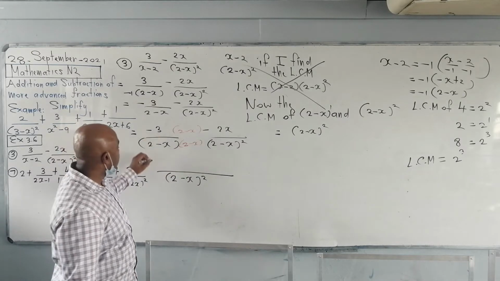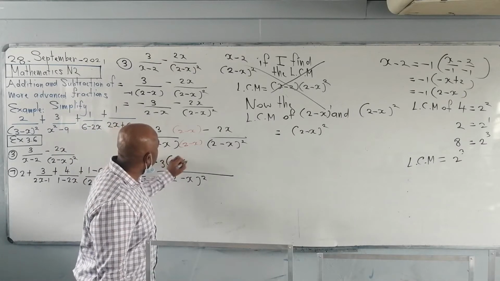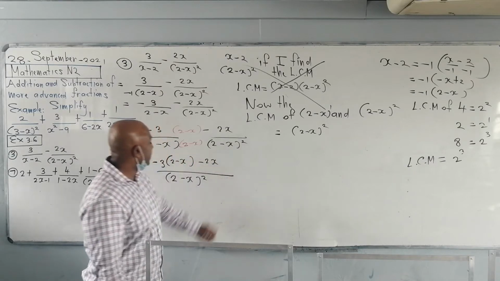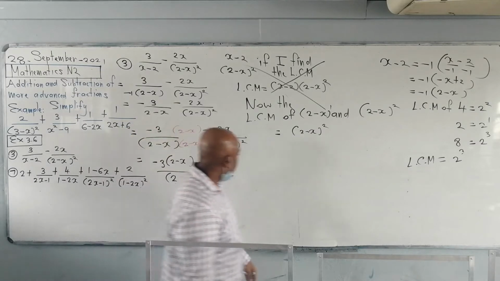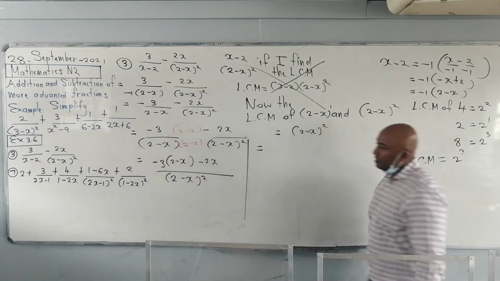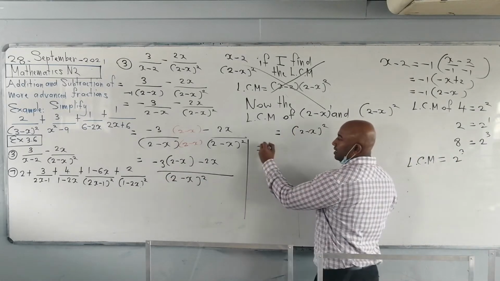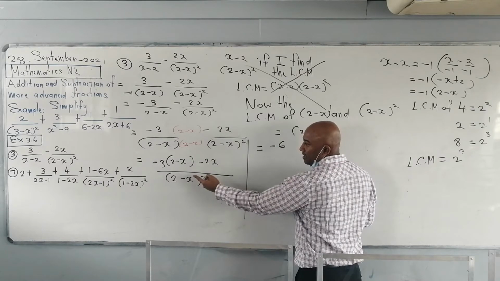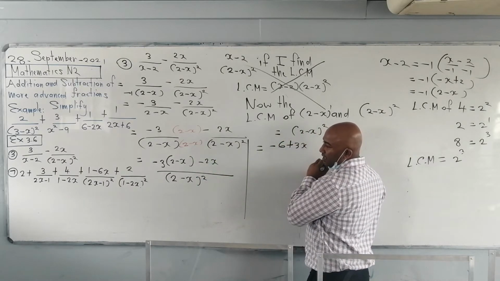Because this is 2 minus x all squared. And then we work out the top, so that's going to be minus 3 times 2 minus x minus 2x. Let's remove these brackets. Okay. So if I remove the brackets here, I got minus 3 times 2, which is minus 6. Minus 3 times minus x, which will be plus 3x.